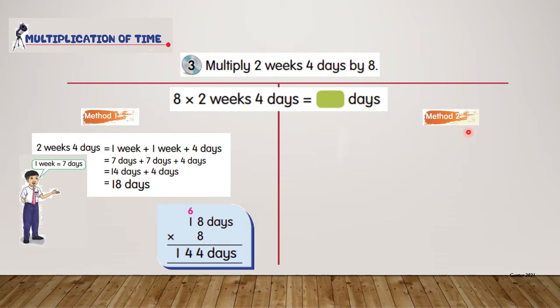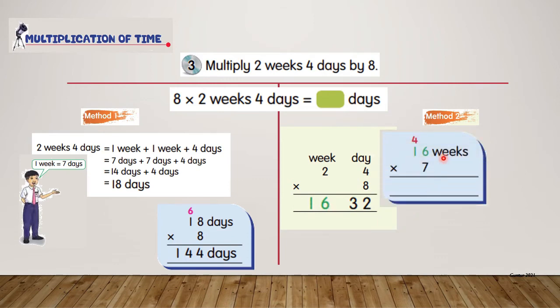18 days times with 8 got 144 days. For the next method, the second method, first, we can separate by weeks and days times with 8. First, 4 times 8 you got 32, and 2 times 8 got 16. Okay, 4 times 8 got 32 days. 2 times 8 got 16 weeks. Okay, now 16 weeks we convert to days.